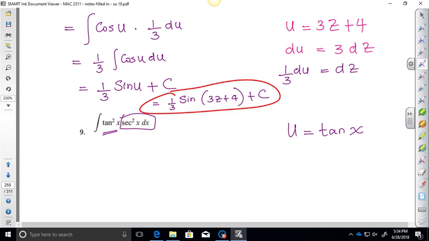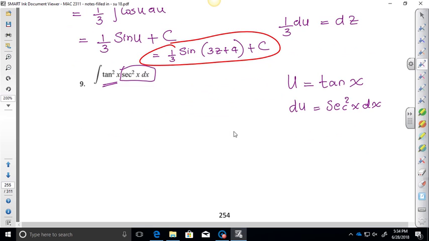If I take u as secant x, I don't have a secant tan there. But I can take tan x as u because du is simply secant squared x dx. So du is secant squared x dx.